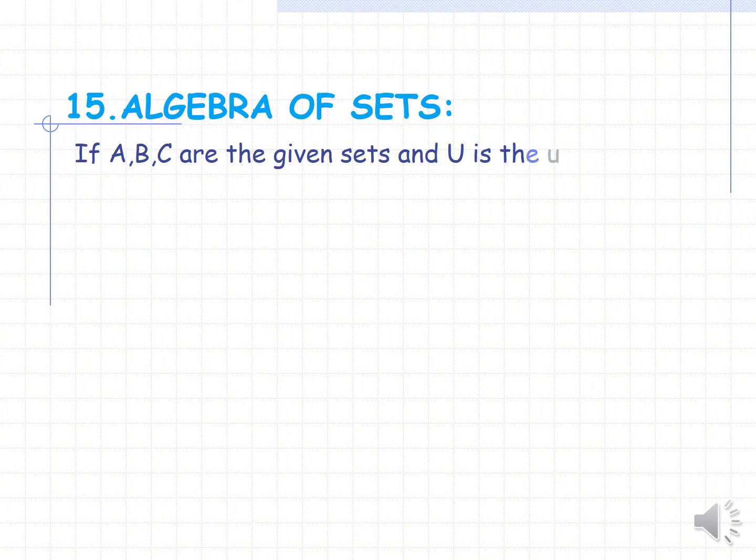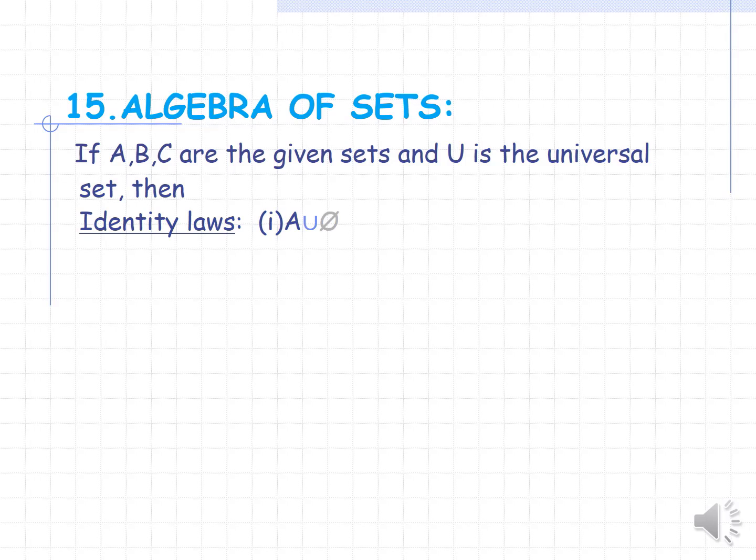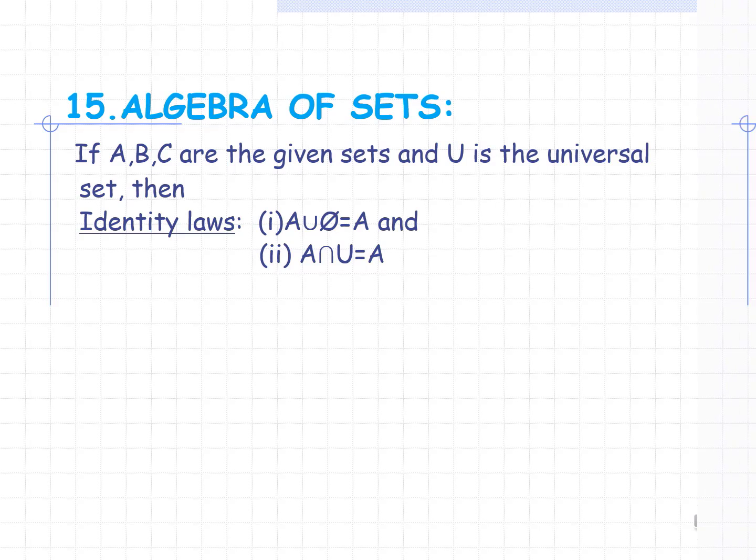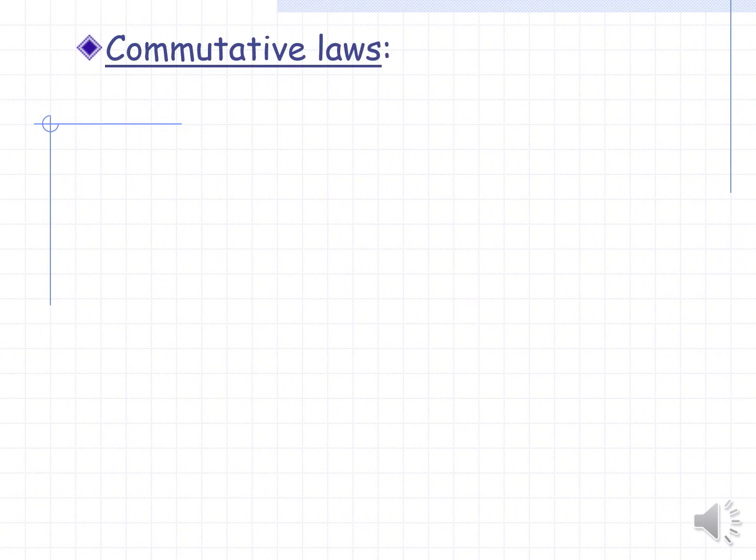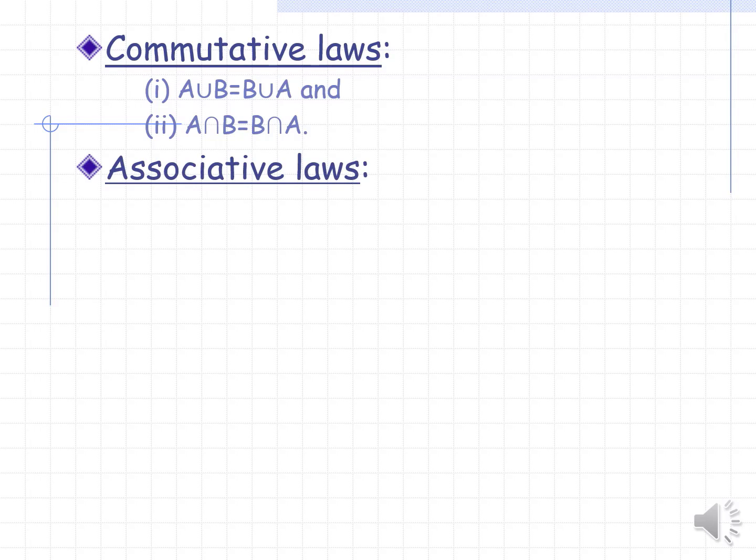Algebra of sets. If A, B, C are the given sets and U is the universal set, then the identity law is A union phi is equal to A and A intersection U is equal to A. Commutative law. A union B is equal to B union A and A intersection B is equal to B intersection A. Therefore, the union and the intersection operations follow the commutative law.